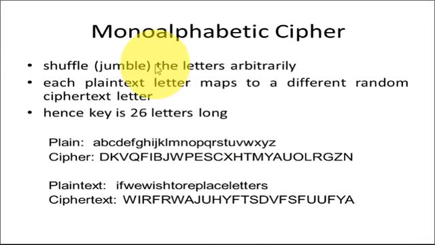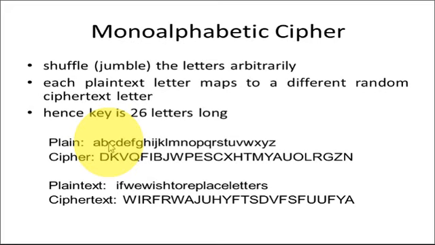Next one is the mono-alphabetic cipher. Instead of adding numbers with a key, here each alphabet is replaced by some other alphabet. Wherever we have a particular letter in the plain text, it will be replaced by the exact ciphertext letter.